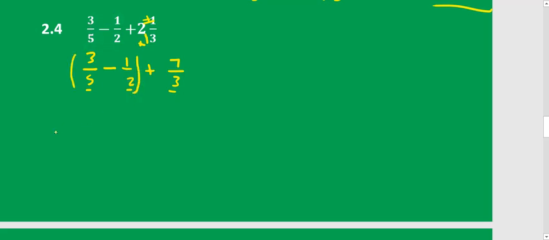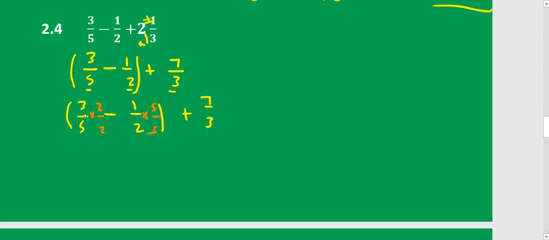If we look at the first two terms, we want to get the denominators to be the same. We multiply that fraction by the other fraction's denominator. And of course, we also multiply this fraction by the other's denominator.